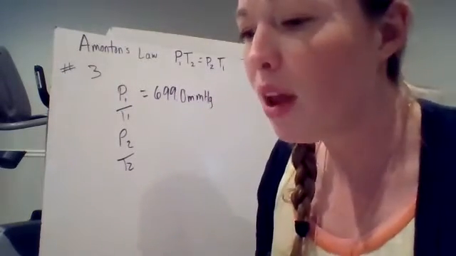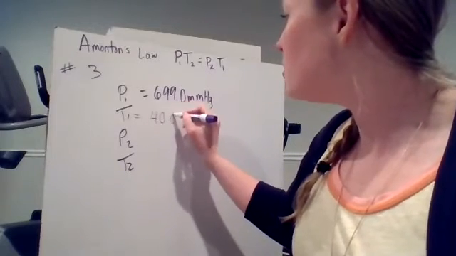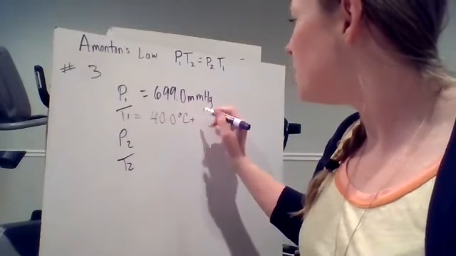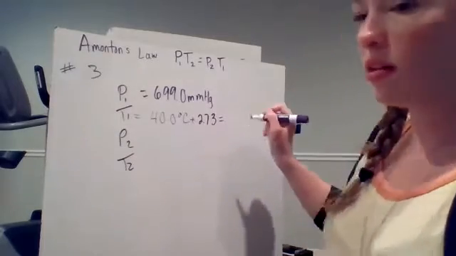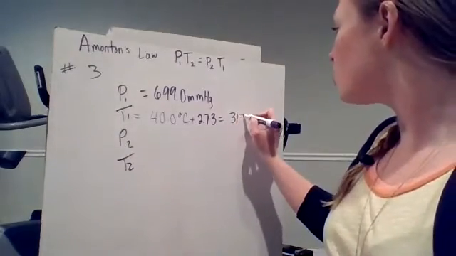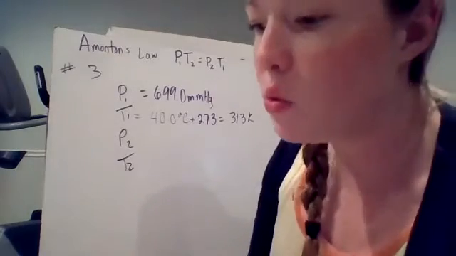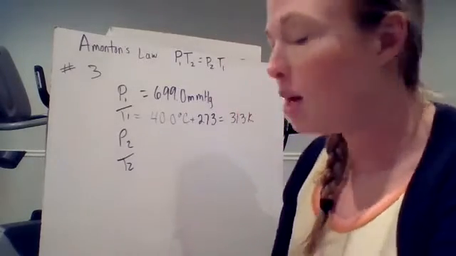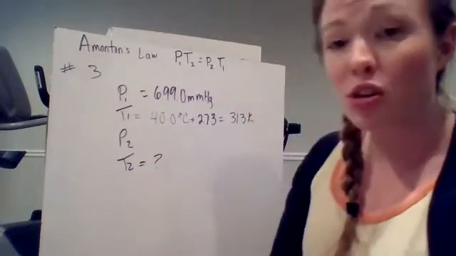Our initial temperature, 40.0 degrees Celsius. We need to add 273 to that, and you end up with 313 Kelvin. That's your T1. Now I chose this one because it says, what is the temperature? So our question mark is T2 at standard pressure.